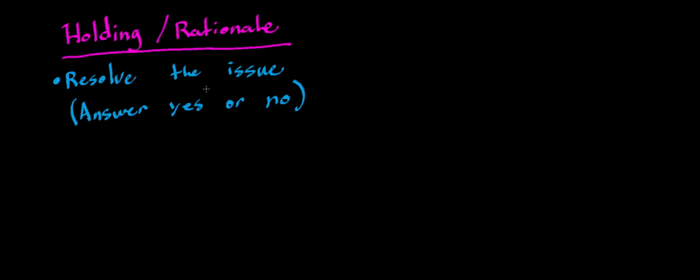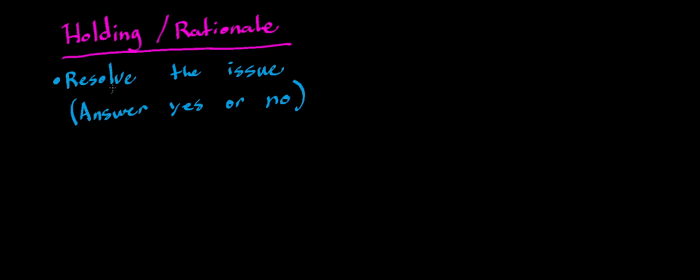So you instead would just have to rewrite the issue statement as a sort of declarative statement. But if you use the modern approach and you end with a question mark and you have structured the question so as to have a yes or no answer, then your holding can just be yes or no, and then you move on to the rationale.